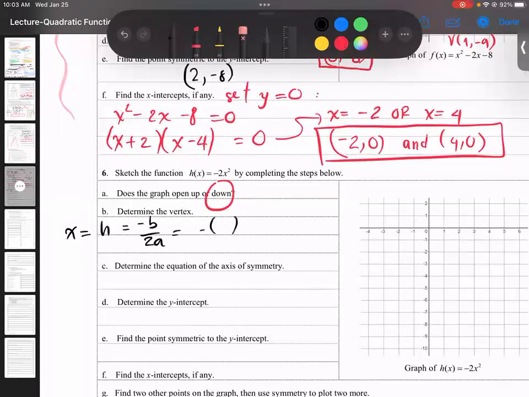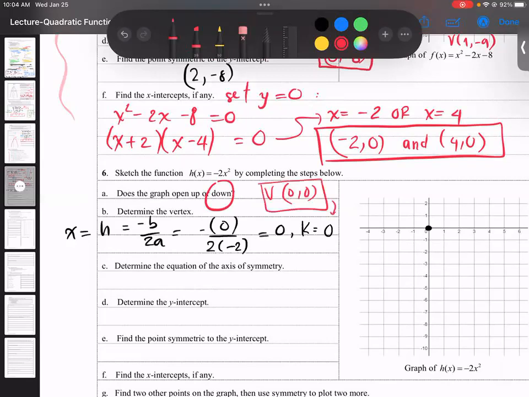What is b? 0. Good. 2 times -2 doesn't matter, 0 divided by anything is 0. And when you plug in 0 for the function, what is k? Also 0. So 0, 0. That's your vertex.